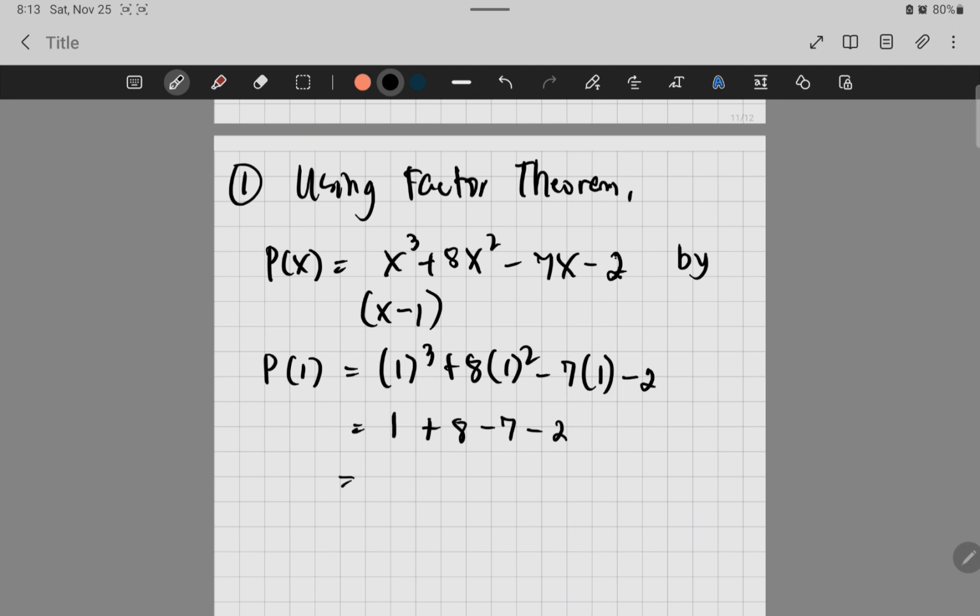Next, 1 plus 8, that is 9. And 9 minus 7, that is 2. And 2 minus 2, that is 0. Therefore, we can say that x minus 1 is a factor of p of x.